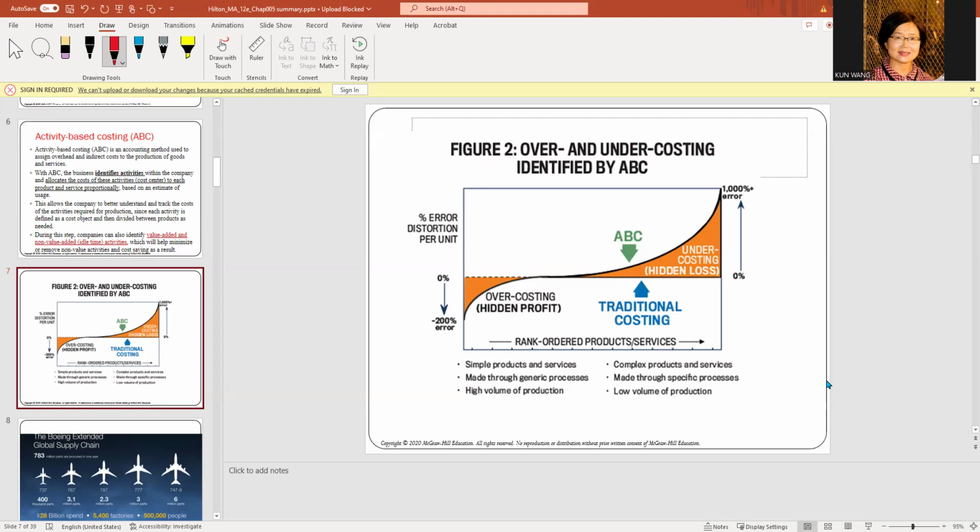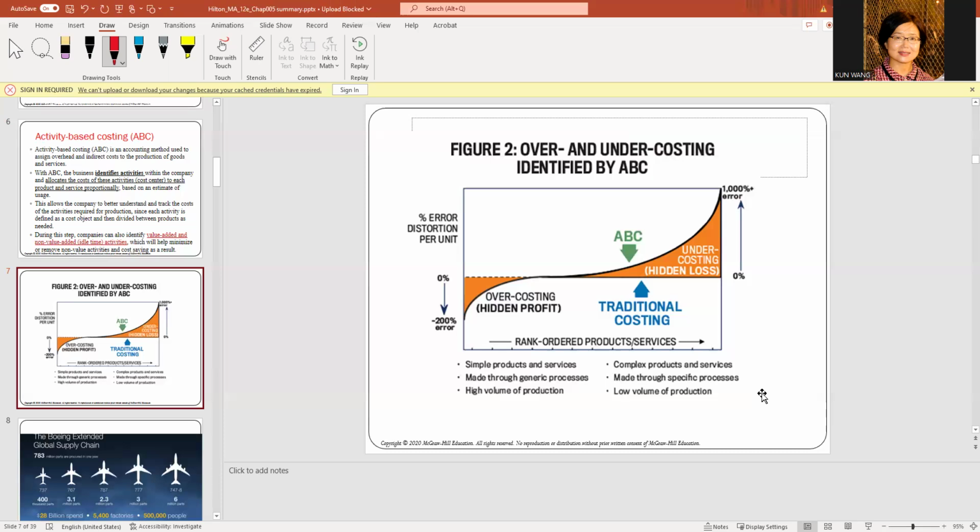So in that case, you more likely end up underestimating the overhead incurred for the low volume but complex products that require specific processes, normally the high end of your products. So high-end products or specialized service to your clients.